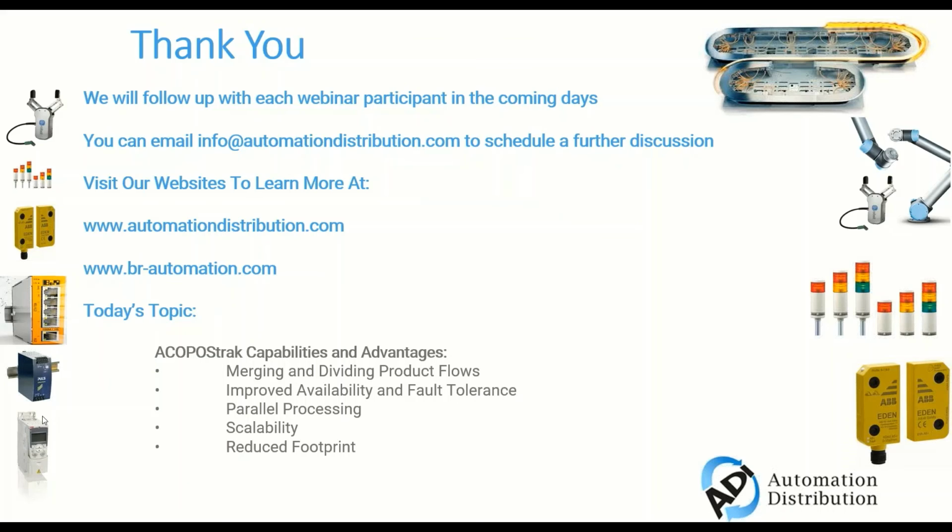Just to highlight some of the things that Nathan and David talked about today in terms of the SuperTrack and ACOPOStrak solutions. Those technologies give us a high degree of precision and repeatability, and they allow configurability. In other words, you can customize both the accumulation and the conveyance, creating product customization and personalization.